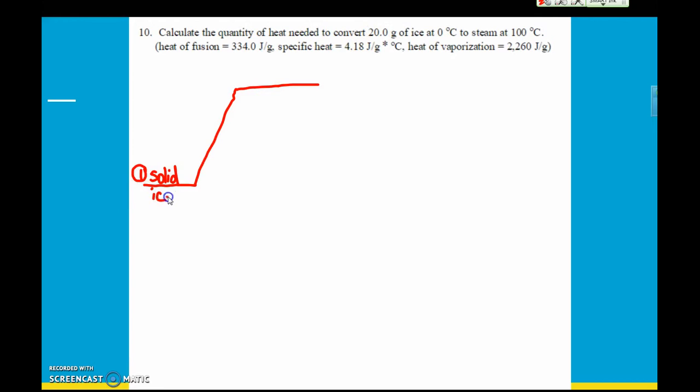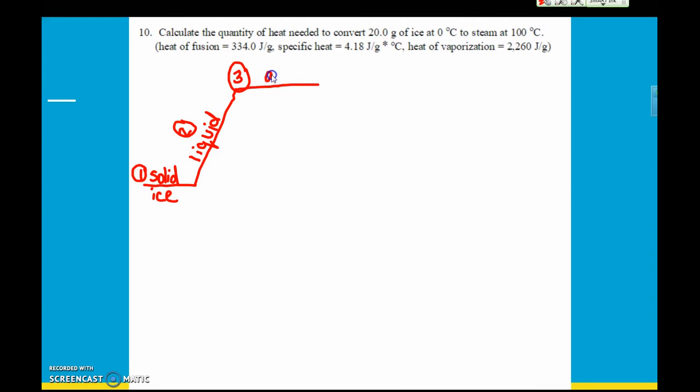So the first thing you have to do is add heat to melt the ice. Then you have to heat the liquid. And then you have to put energy in, and this would be part 2. And then you have to put energy in to change the liquid to gas.